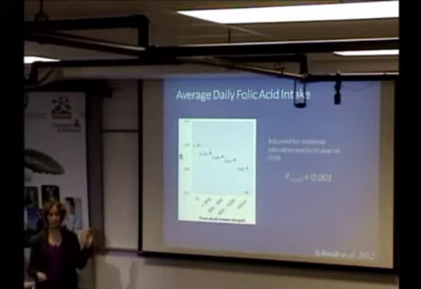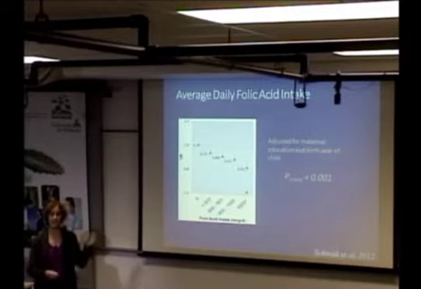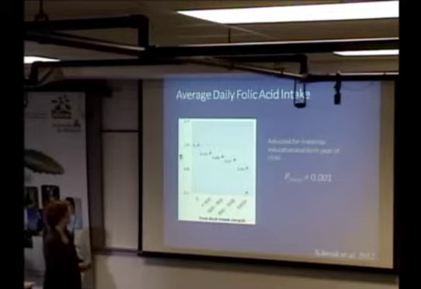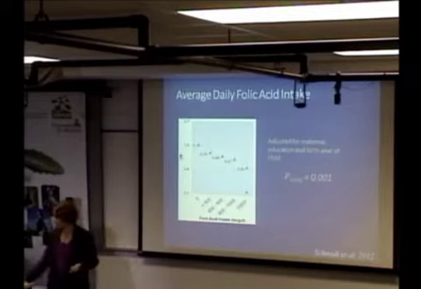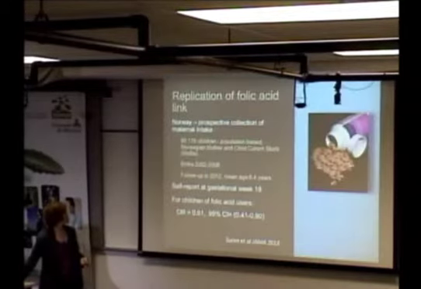So we went in with the two-sided hypothesis of was there a problem with too much or too little, and we didn't see evidence of that. And there's still some people who are arguing that high levels are harmful, and I've heard them present at meetings.